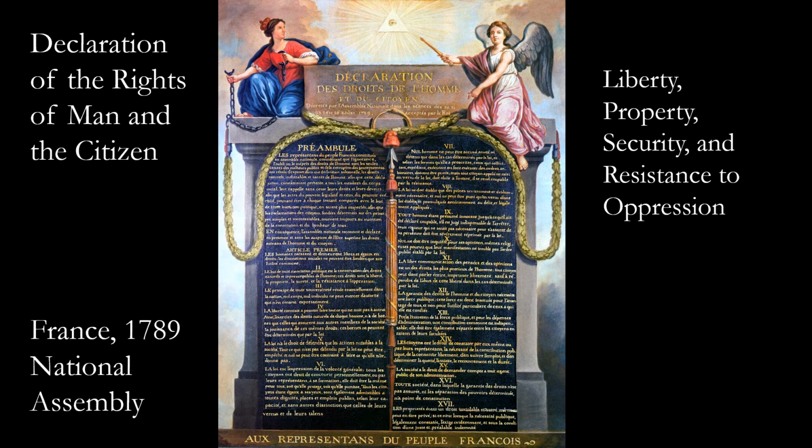So all of this stuff gets spelled out, and in it the French really show themselves in their revolutionary movement to be much more socially progressive and much more interested in trying to achieve protections for individual rights.